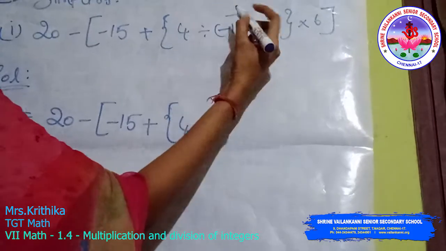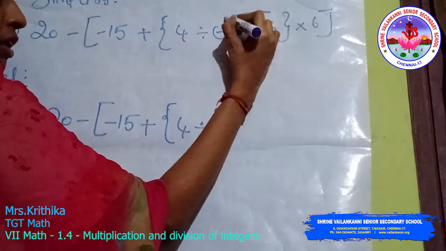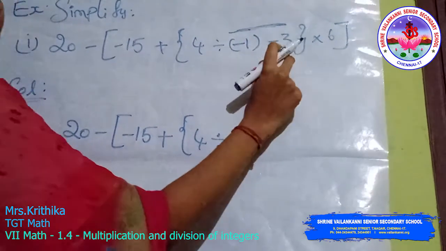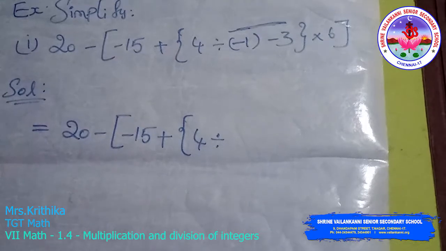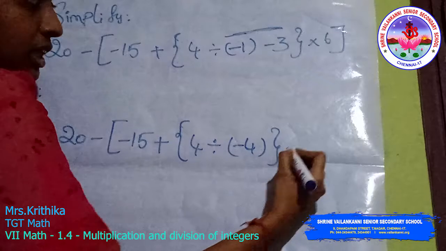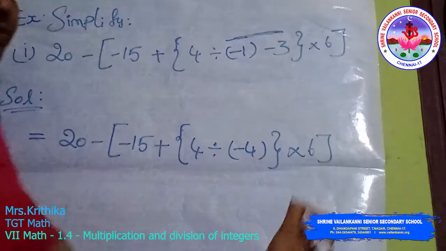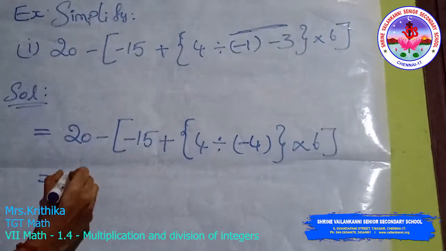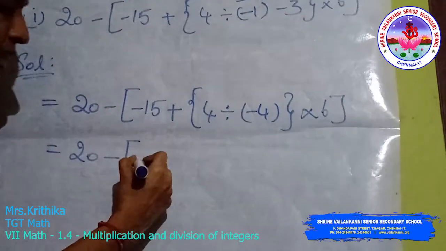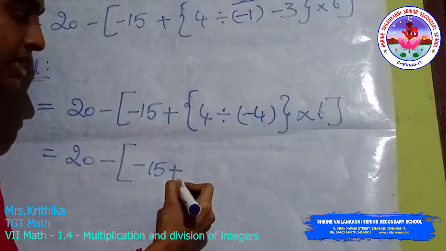The first priority goes to the bar. Here the bar value is minus 1, minus 3. Minus 1 plus minus 3, the value is minus 4. Close the curly bracket, into 6. The next step: 20 minus square bracket of 15 plus.